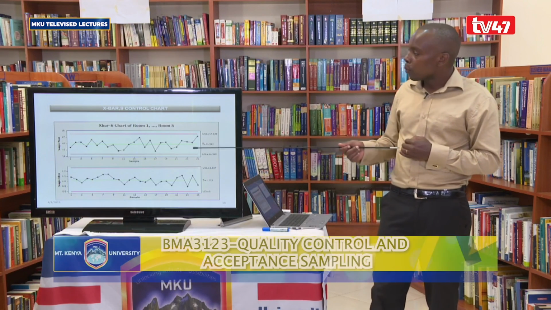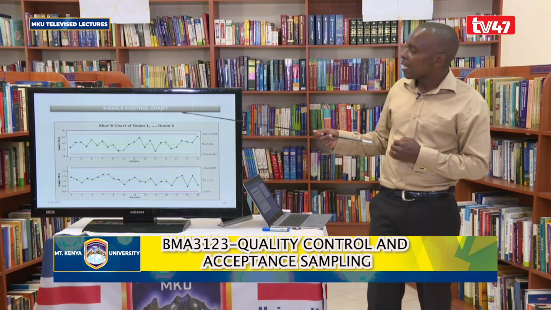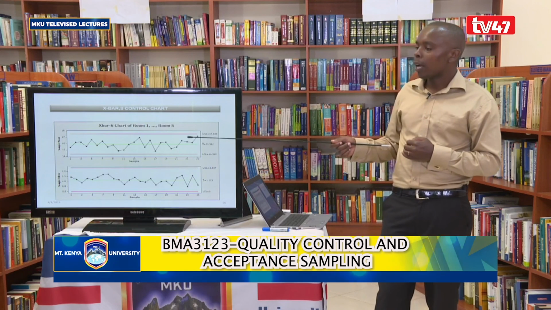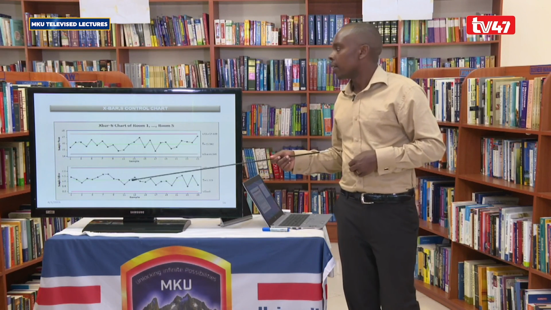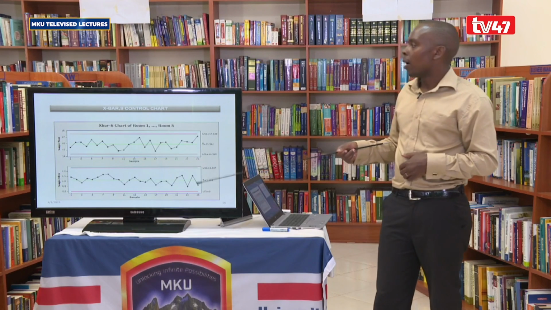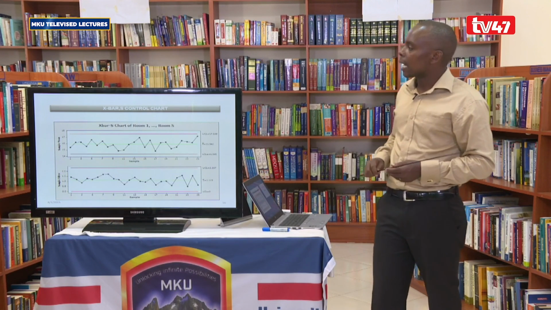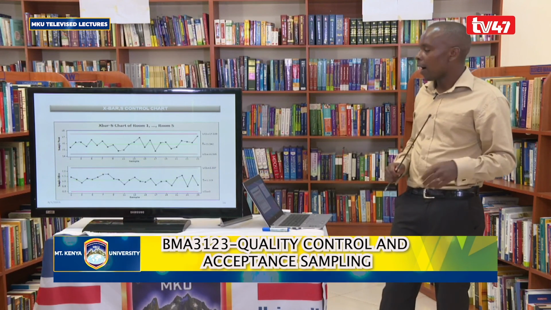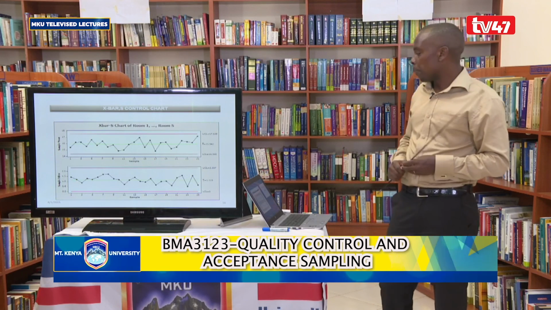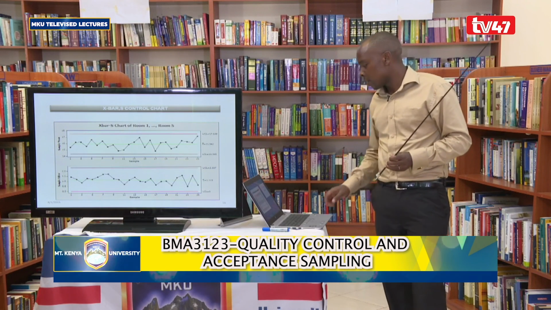We will be able to compare at the end and know under what circumstances you end up with an X bar chart, an S chart or an R chart, and all those charts that fall under attribute control charts. We said we have p charts and np charts and so on.